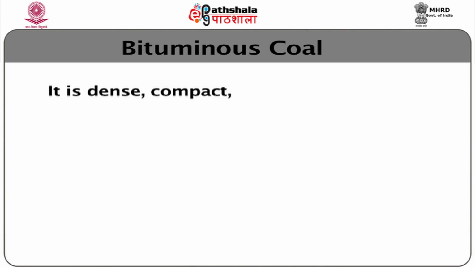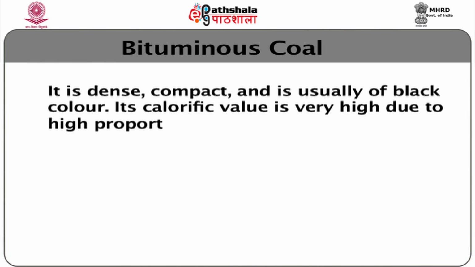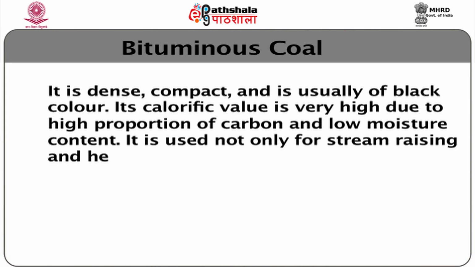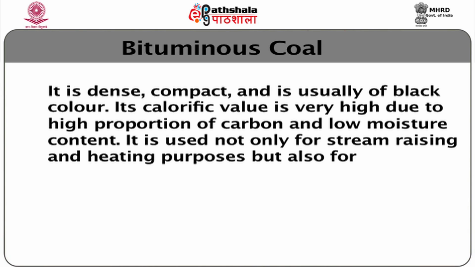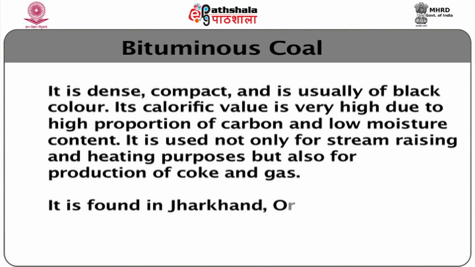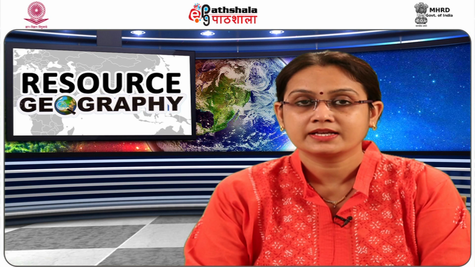It is dense, compact and is usually of black color. Its calorific value is very high due to high proportion of carbon and low moisture content. It is used not only for steam raising and heating purposes, but also for production of coke and gas. In India, it is mainly found in Jharkhand, Odisha, West Bengal, Chhattisgarh and Madhya Pradesh region.